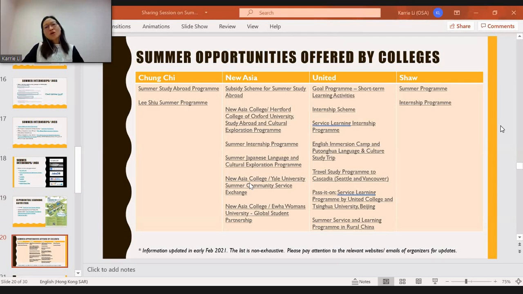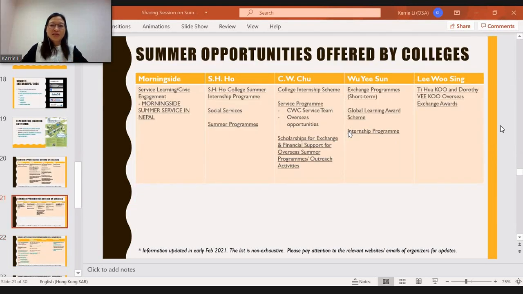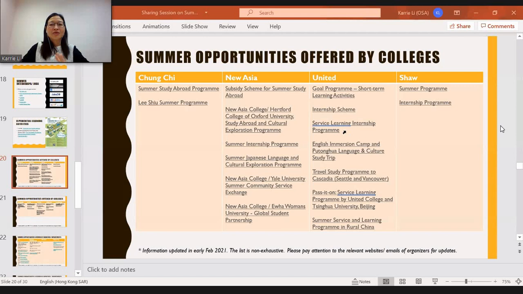Okay, all I have shared are opportunities offered by the central units. That means they are open for all students. But you are all from different colleges, faculties and major programs, so there are also opportunities offered by your colleges. As you can see, I have just searched the website and checked some of the information, but please check the website for updates and also pay attention to the emails they send to you when they have opportunities.